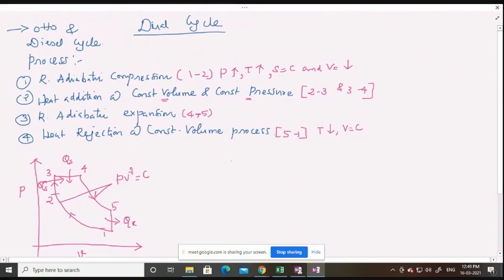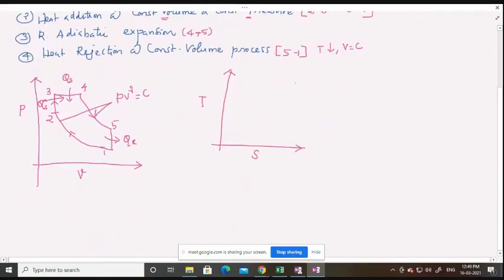Likewise, you can plot the TS diagram. Initially, in the compression process, pressure increases, so temperature also increases. The next is heat addition, constant volume and then constant pressure, so temperature definitely increases, right?